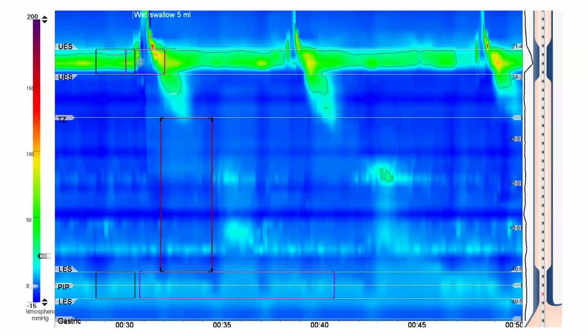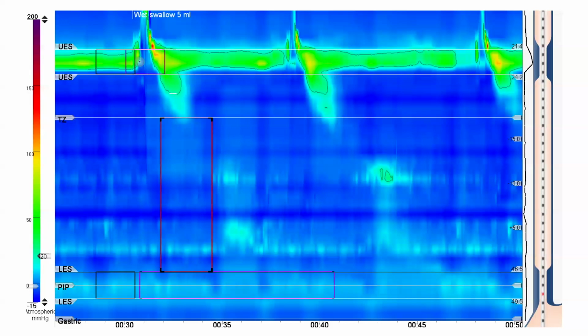Yes. Well, absent contractility, that's right: 100% of swallows have no peristaltic contraction or vigor at all. The DCI is under 100, and usually the LES is normal. It's very important, what you mentioned, that with absent contractility you also have to look at the IRP.